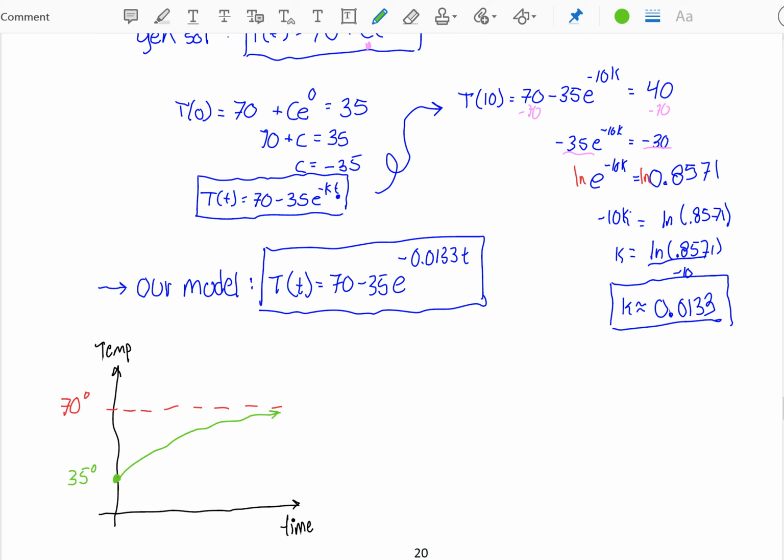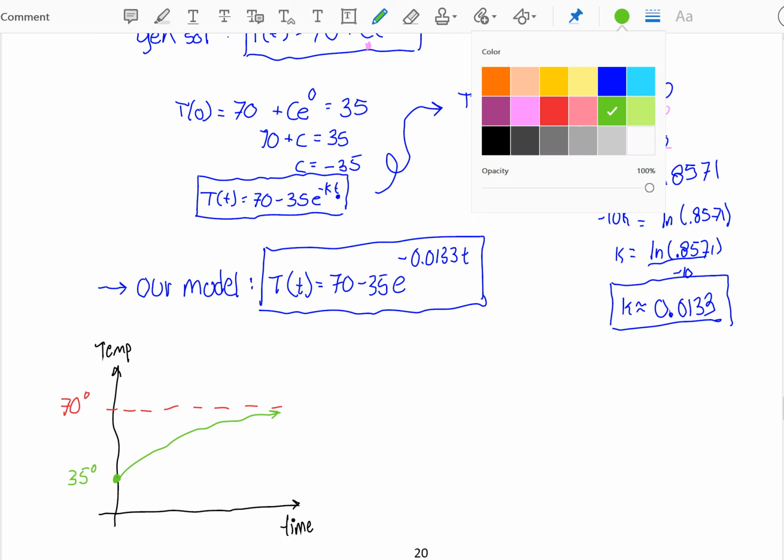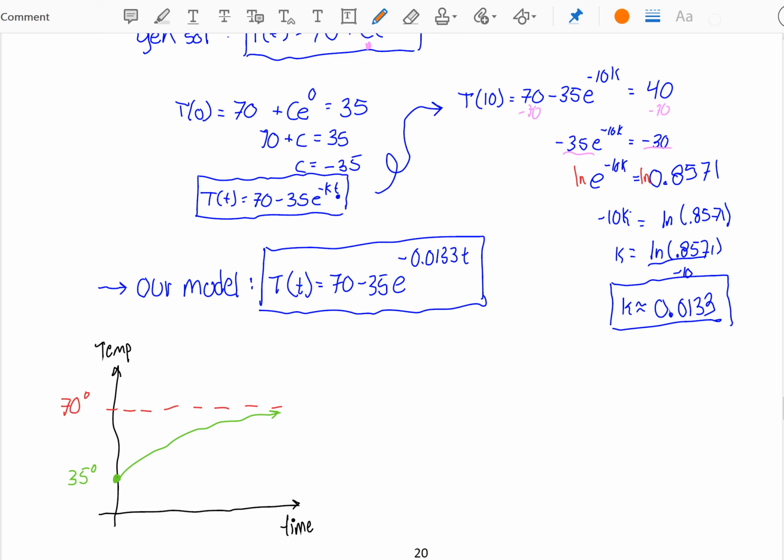It's not going to start to freeze, and it's not going to start to boil. It's definitely going to approach the room temperature. What we're being asked to find in this question is, when does it reach 52 degrees? So 52 degrees is about here. That's what we're asked to find.